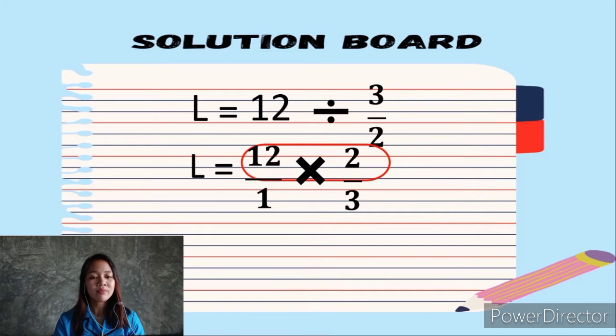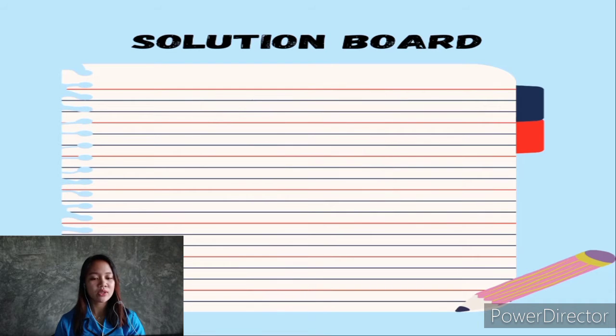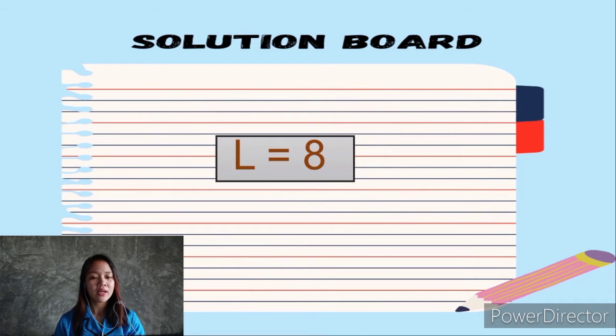So, 12 times 2 is equals to 24. Then, 1 times 3 is equals to 3. Hindi pa yan yung sagot. So, kailangan pa nating i-divide yung 24 sa 3. So, 24 divided by 3 is equals to 8. So, yung length na hinahanap natin is 8.